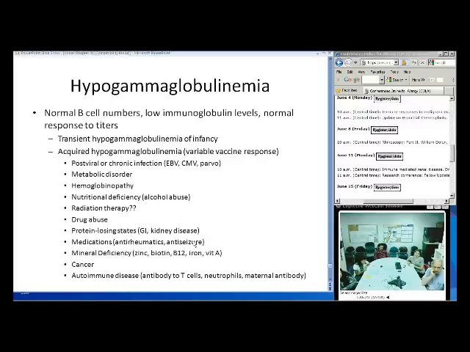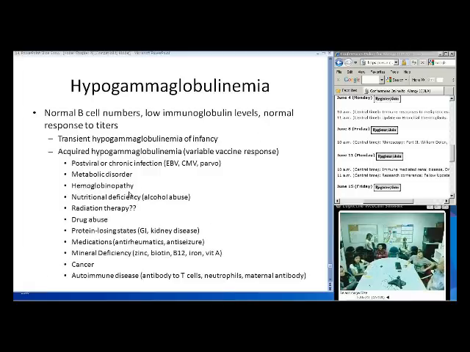And then I always start thinking about secondary causes of immune deficiency. So acquired things like medications that they may be on, mineral deficiencies, cancers, autoimmune disease. Certainly people who have autoimmune disease and are on therapies for autoimmune disease, I will see this a lot.